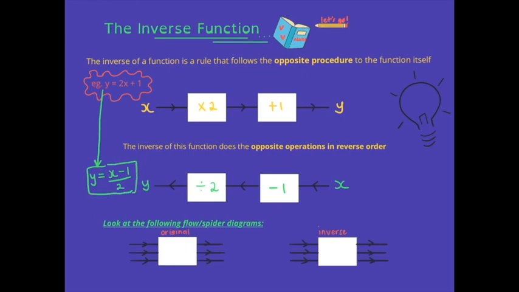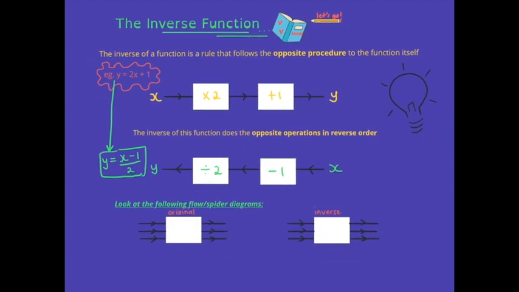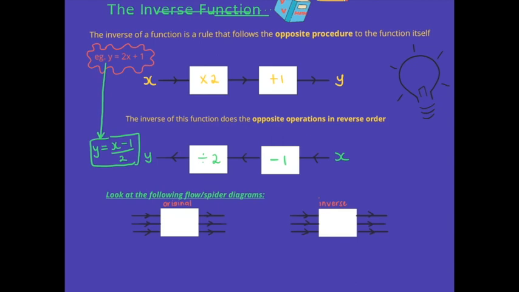Isn't that quite easy? Now if we look lower down on our slide at the following spider diagrams, when's the last time you did a spider diagram, grade 12s? I just want to show you that if I have the original function 2x plus 1, and I'm comparing that to the inverse function, x minus 1 over 2, let's see what happens if I input certain values into x.